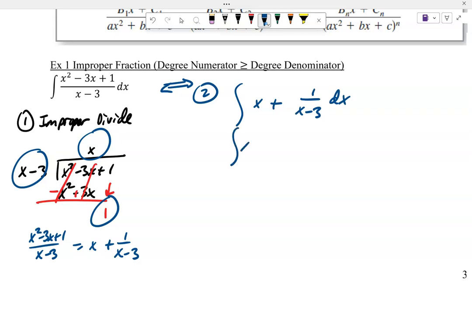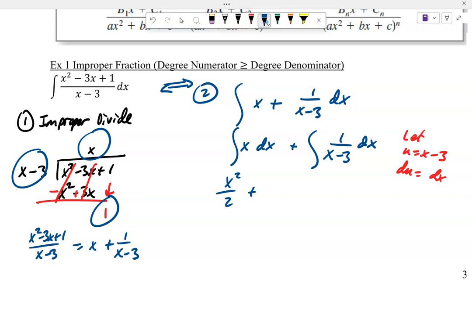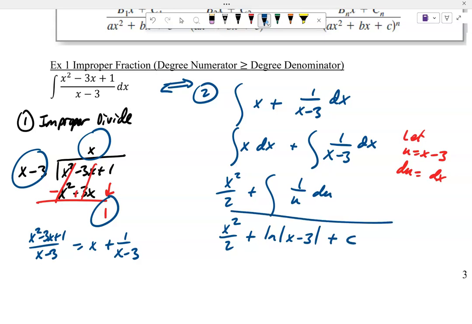So we have the integral of x dx plus the integral of 1 over x minus 3 dx. And of course, we'll let u be x minus 3, so du is 1 dx. So here we have x squared over 2 plus this will become 1 over u du, so the natural log of u. And there we go. It's an improper fraction, so we go ahead and we divide, and then we use the tools that we have.